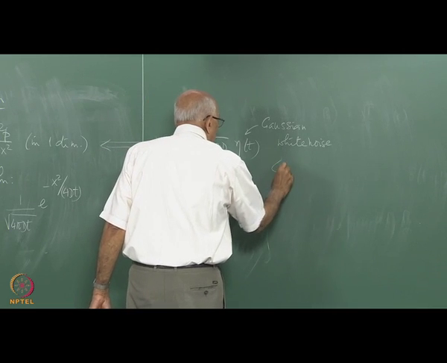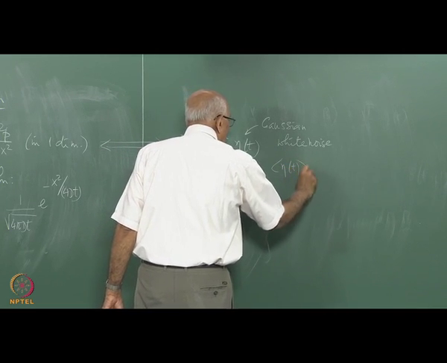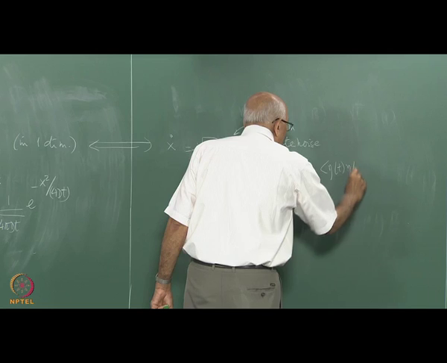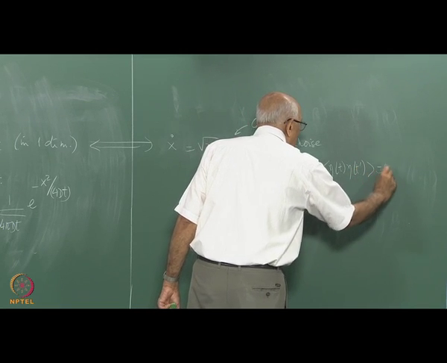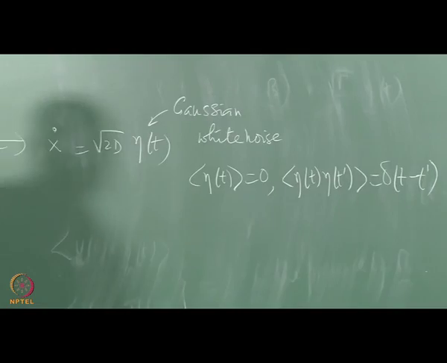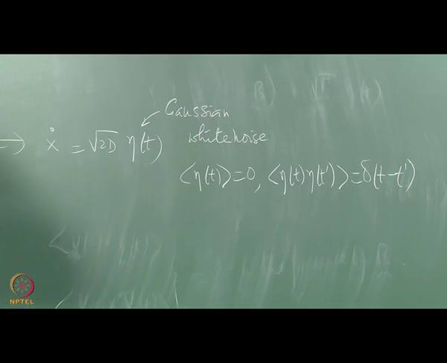By that I mean the average of eta equal to 0, and the average of eta of t eta of t prime equal to a delta function.